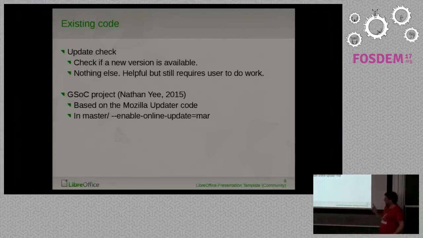And we had a Google Summer of Code project in 2015 that already worked on the code from Mozilla, porting it to LibreOffice and integrating it into our build, but it's currently only enabled if you use this special configure flag here.